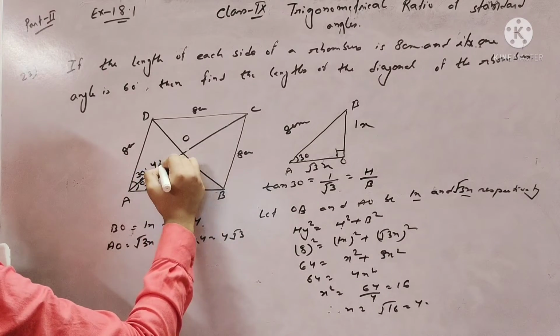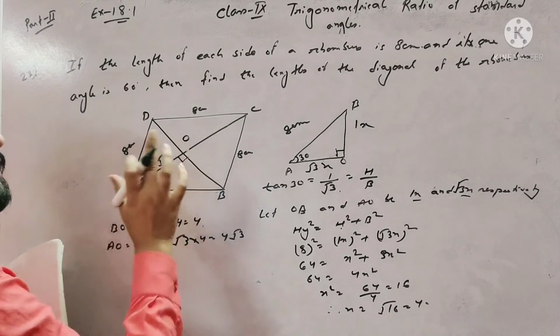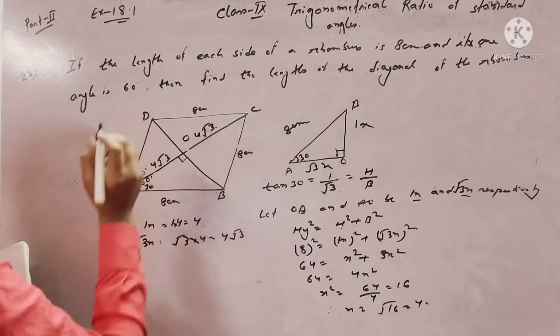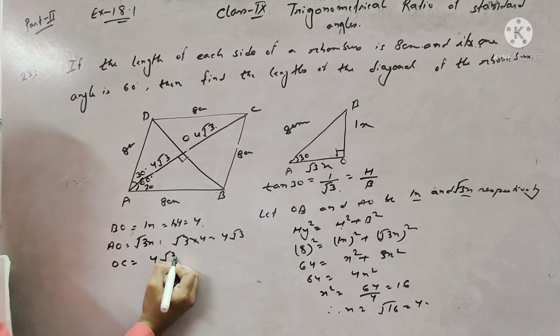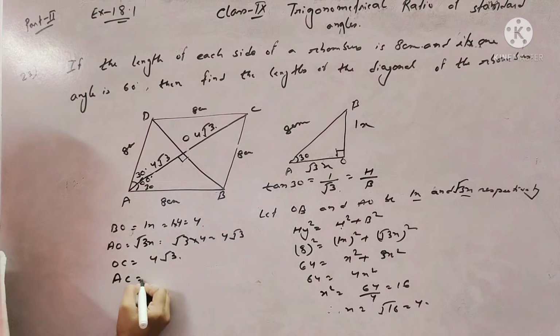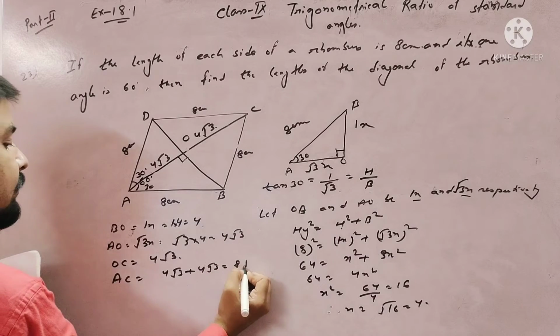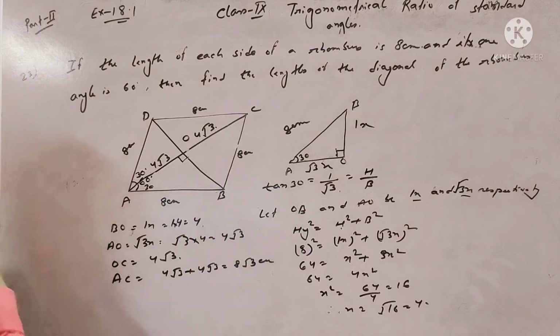We know the basic feature of the rhombus: the diagonals bisect each other. So if AO is 4 root 3, OC is also 4 root 3. So the total length of AC is 4 root 3 plus 4 root 3, that is 8 root 3 centimeter. That means the length of one diagonal is 8 root 3 centimeter.